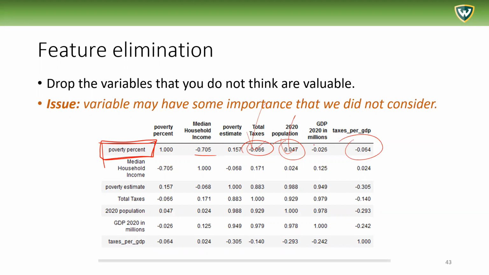None of these variables actually look correlated with poverty percent. So we can maybe drop these, and that's a way to reduce our dimensions. In this case, we only had a few variables, but often, especially in data analytics, we're going to have lots of variables, maybe hundreds, maybe thousands. So it's good to reduce and remove the ones we don't think are related to our dependent or outcome variable of interest.